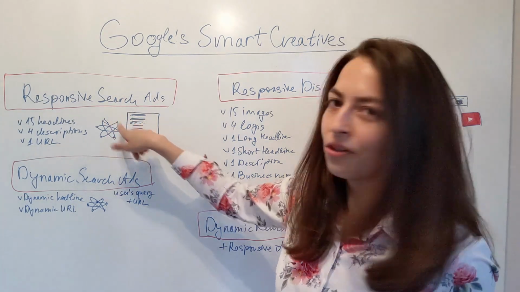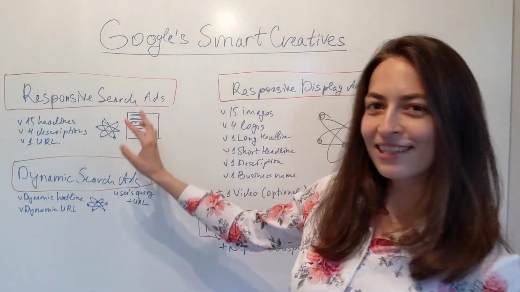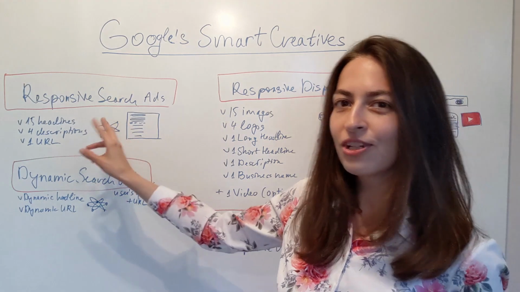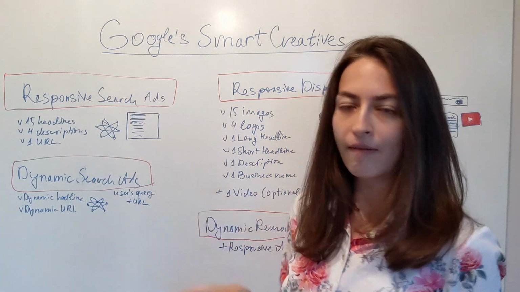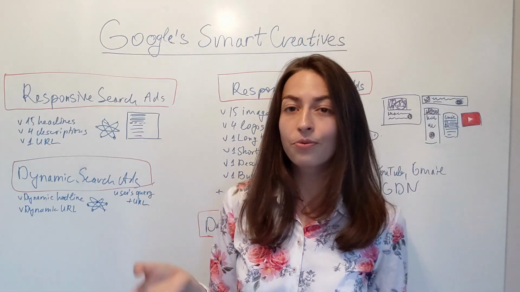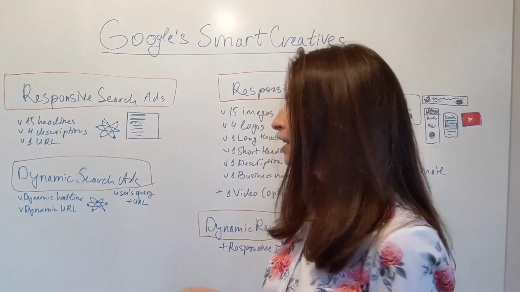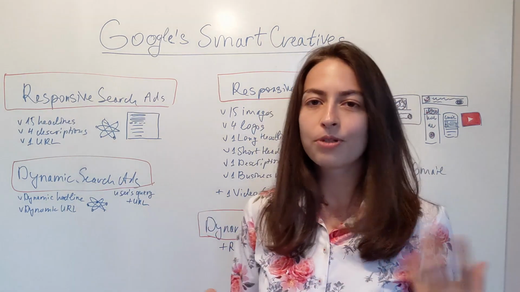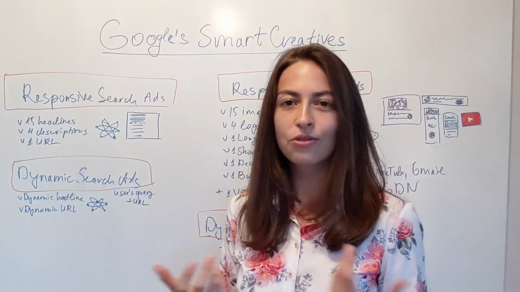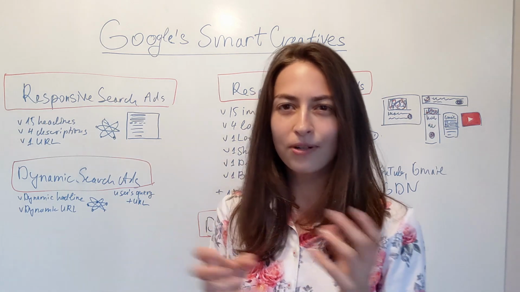Then this little galaxy here is designed for artificial intelligence, machine learning. Machine learning is using all the signals from users, what they're searching for, their user query, history, etc. They're using all your assets, so landing pages, headlines, descriptions. You give a lot of context to Google, and they match them in different combinations.